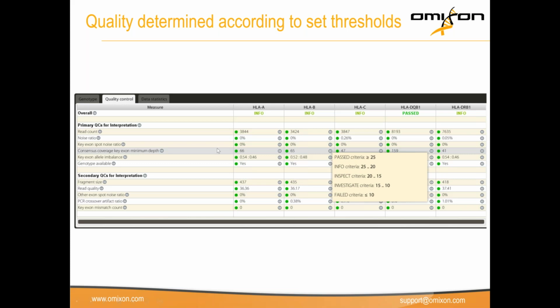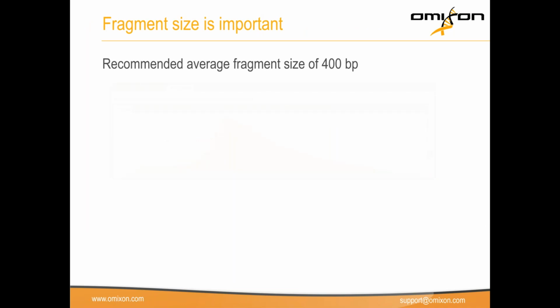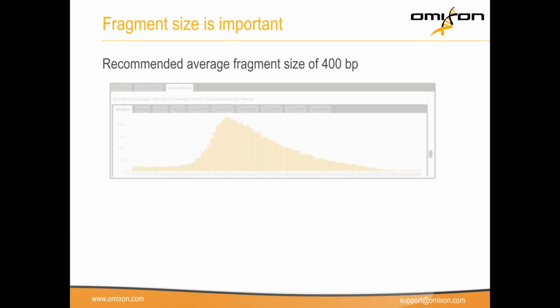And whatever quality control metric is alerted, then you know what you need to check, whether it's coverage or noise, or maybe fragment size. Fragment size is important because with a too short fragment size, you can get more ambiguities. So if the fragment size was read too short, you can then go to the data statistic tab where you can see the fragment size distribution.